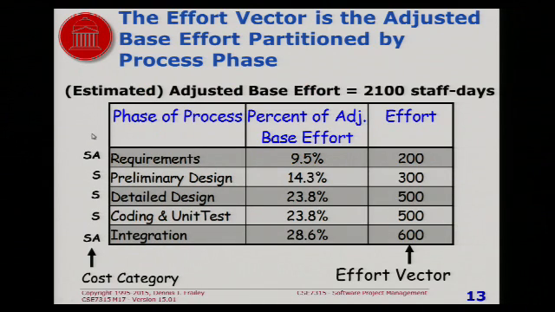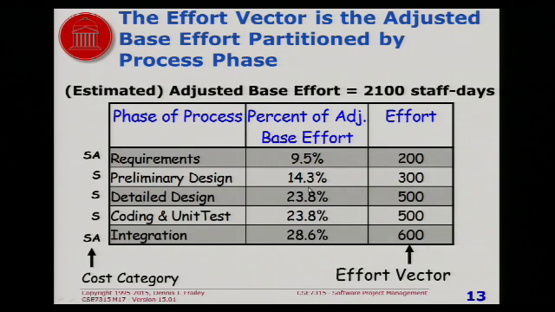Now, in an example here, let's assume the adjusted base effort is 2,100 staff days. That's our estimate. Well, we take that 2,100 and multiply by each of these percentages to come up with these numbers here. Notice how I said I wanted these numbers to be nice, even numbers.